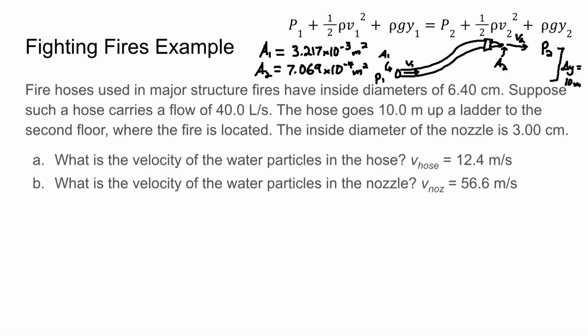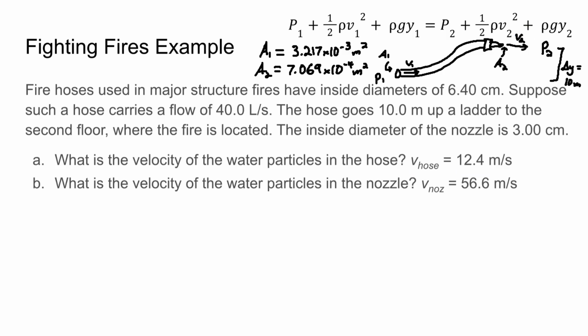Okay, so doing a quick reset for the second part of this problem, we again know what our velocity V1 within the hose is. Let's now figure out our V2, the velocity of the water as it comes through and out of the nozzle.